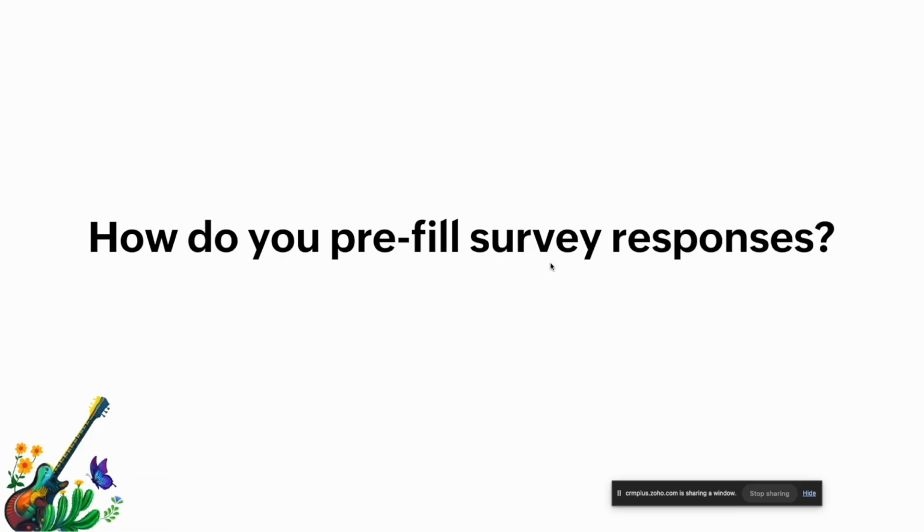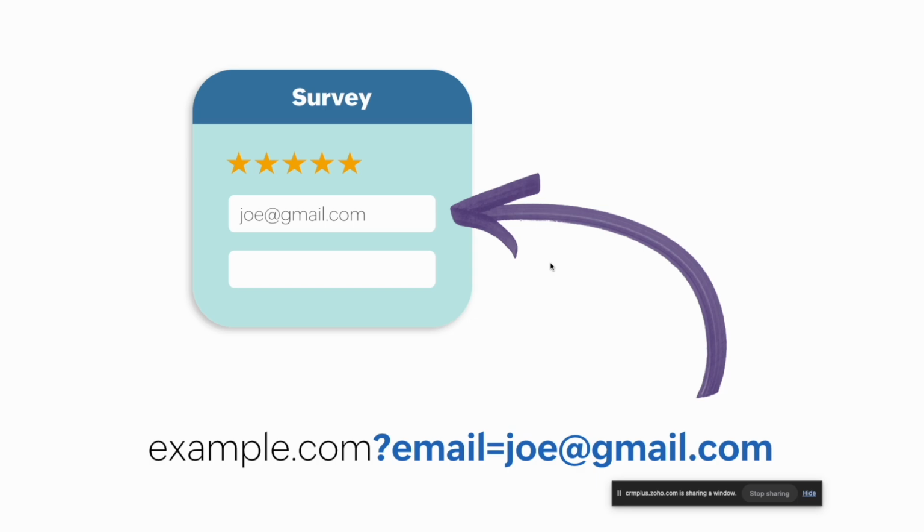So how do you pre-fill survey responses? You use this dark art, this marketing black magic called URL parameters. Usually I think of this as a link I get to like an Amazon thing. You click that link and you go, what is all of that BS at the end of the link? This thing's hundreds of characters long, and there are all these weird symbols and letters and numbers.